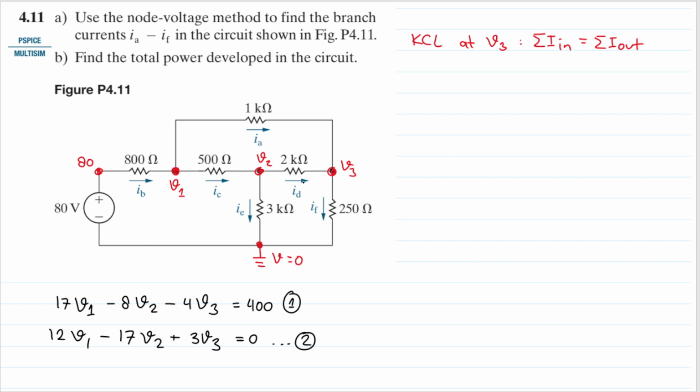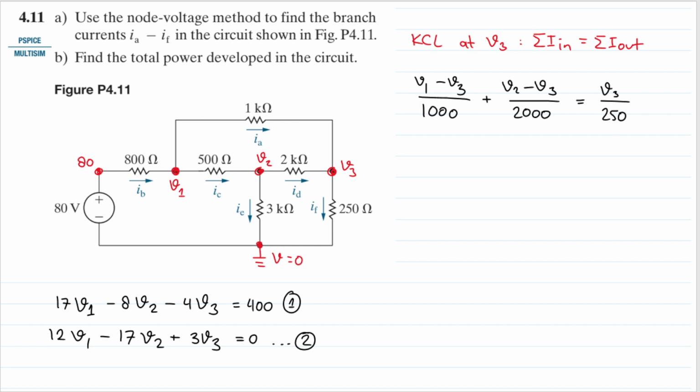And there are two currents that go in, right? IA and ID. Okay, so for IA we will have V1 minus V3 divided by 1000, plus V2 minus V3 divided by 2 kilo ohm, so 2000, and that will equal V3 divided by 250.